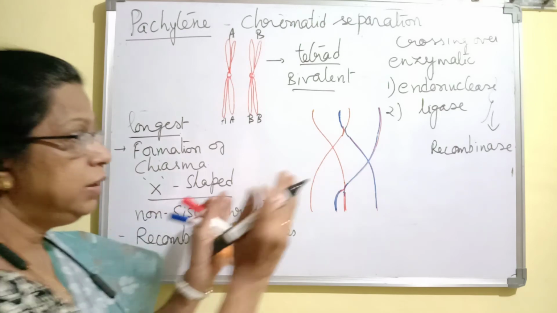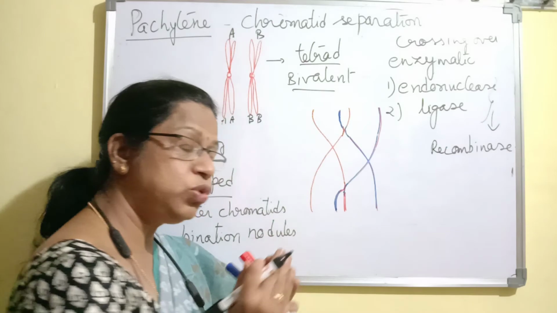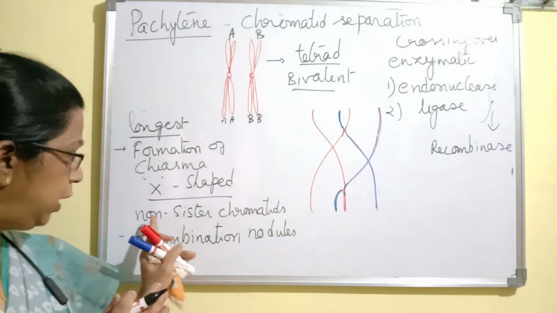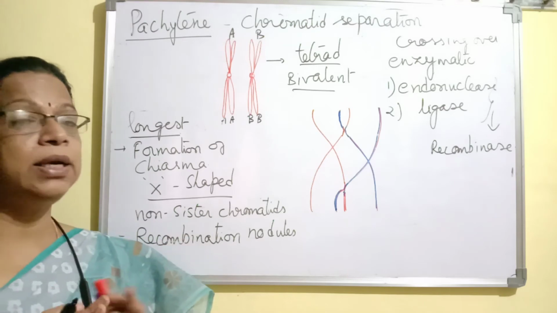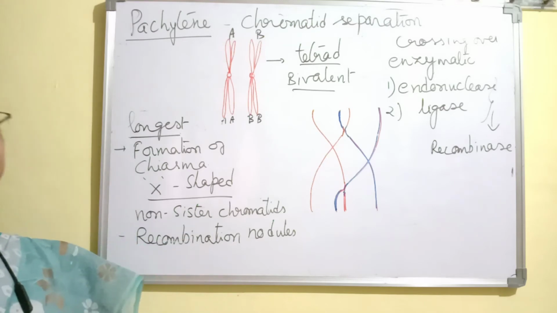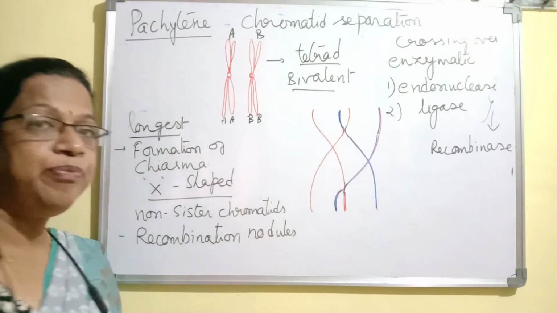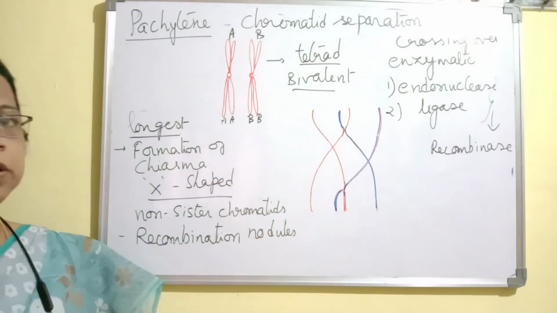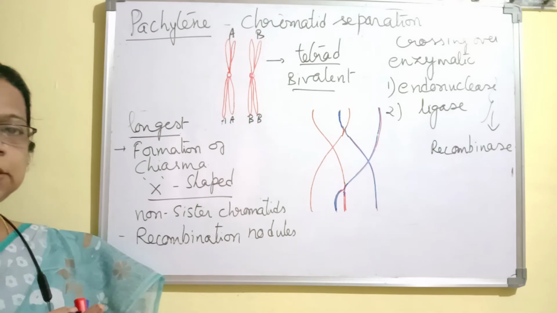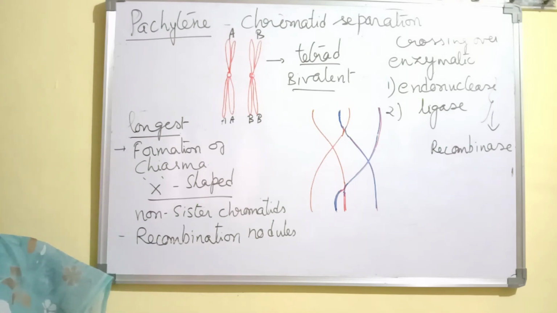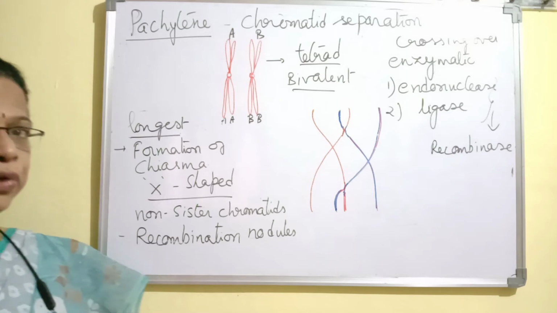Here the chromosomes are still very close to each other, so the actual X-shaped structures are not clearly visible. For understanding purposes, we have shown this as overlapping, but in actuality these X-shaped structures are very, very close. They are visible only in the next stage.